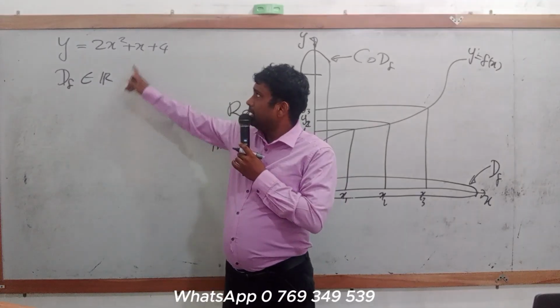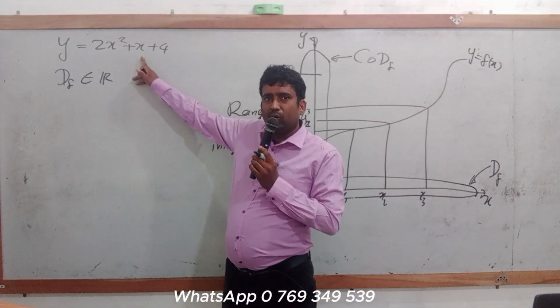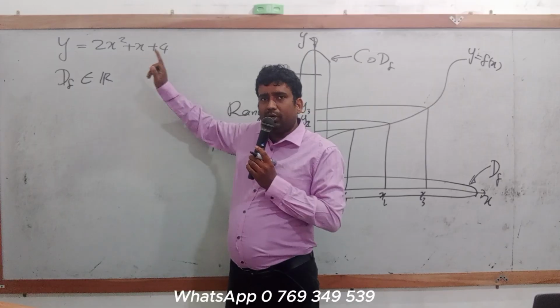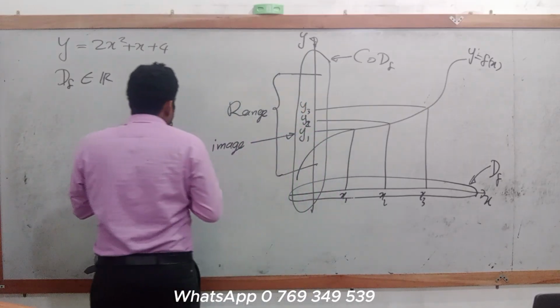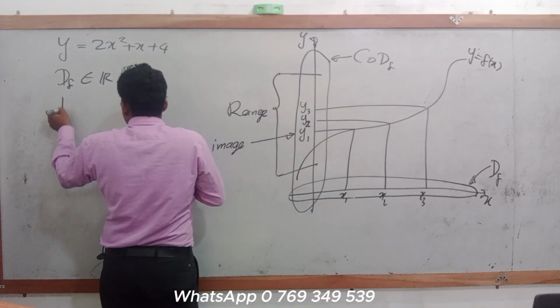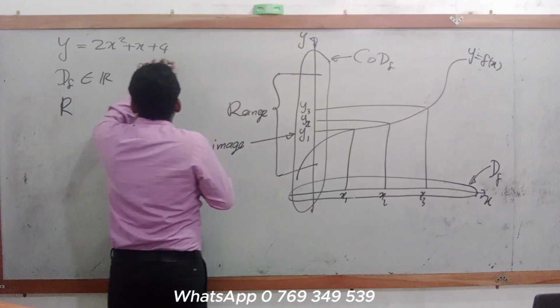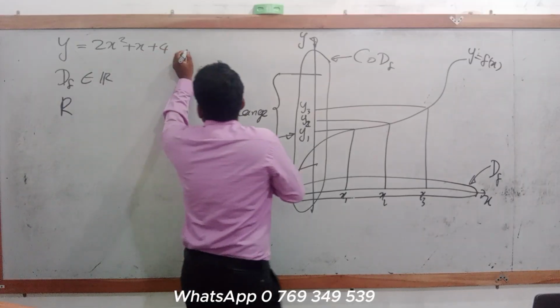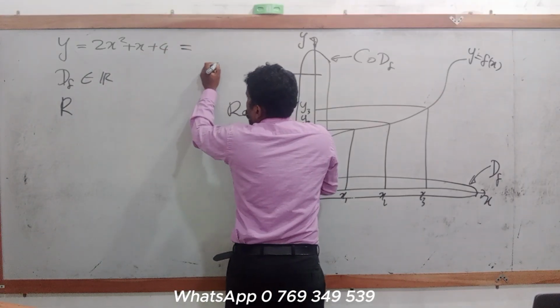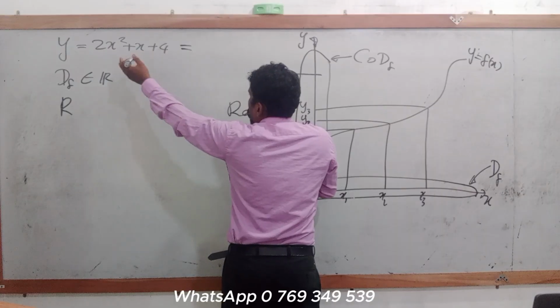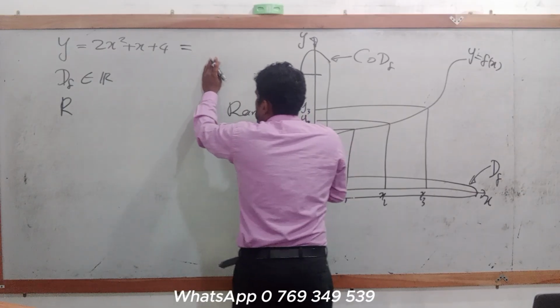Range has a minimum value, no? What is the minimum value? We can take 2x square plus x plus 4.